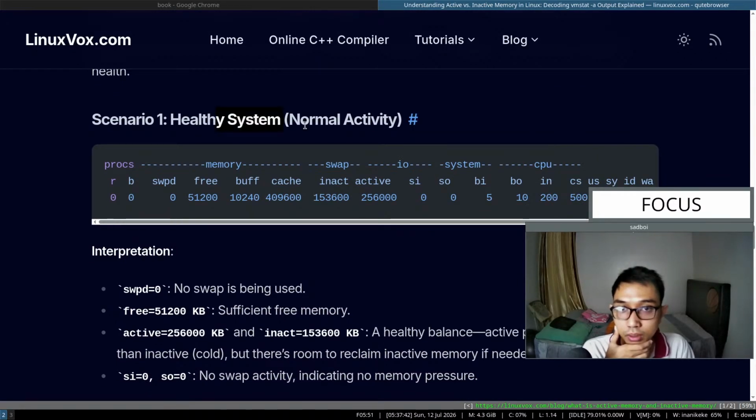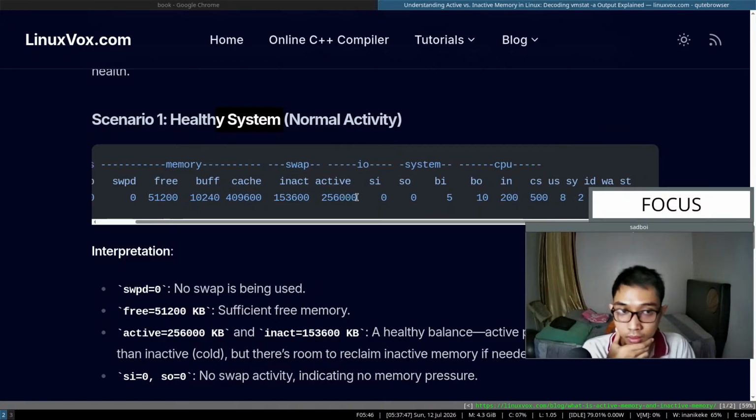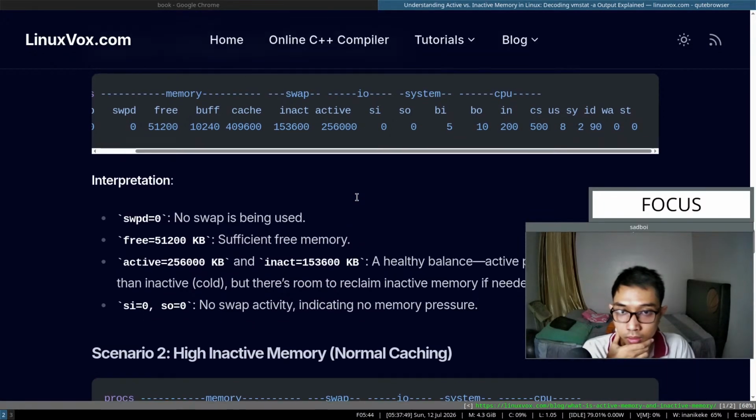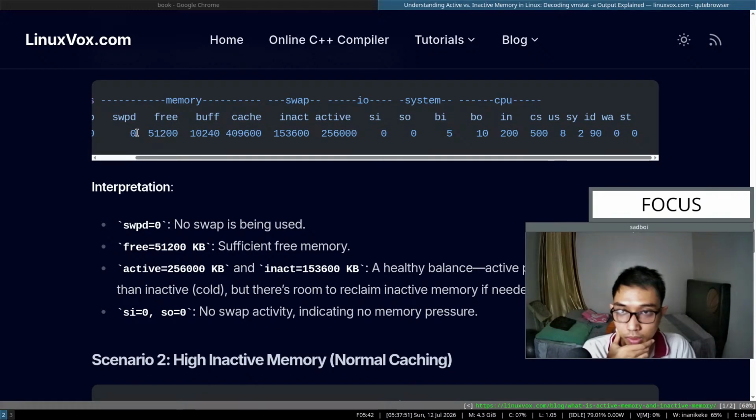Healthy system, normal activity. Okay. No swap usage. Quiet. We have some free memory, I guess.